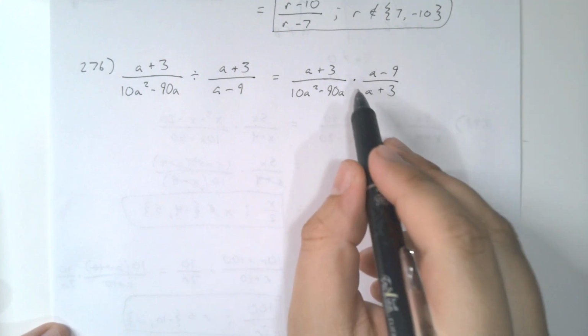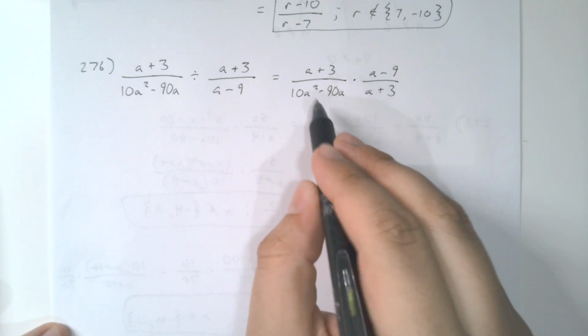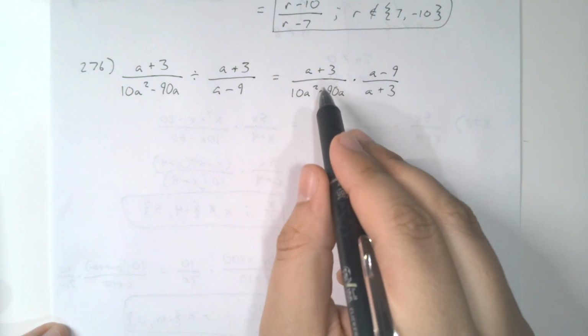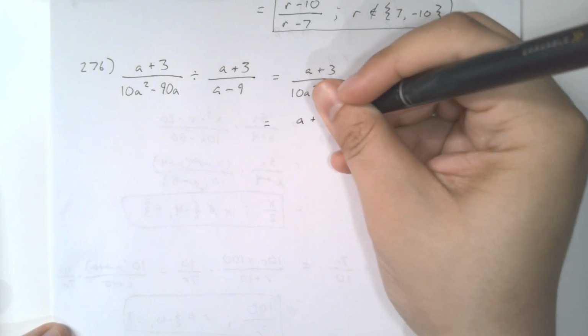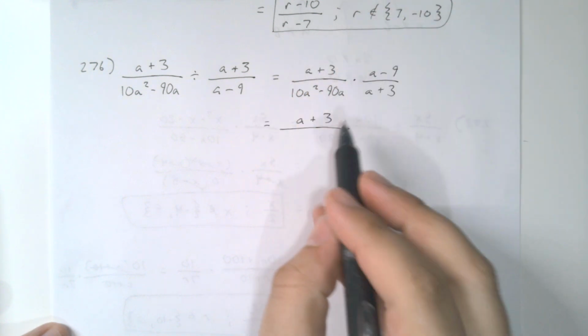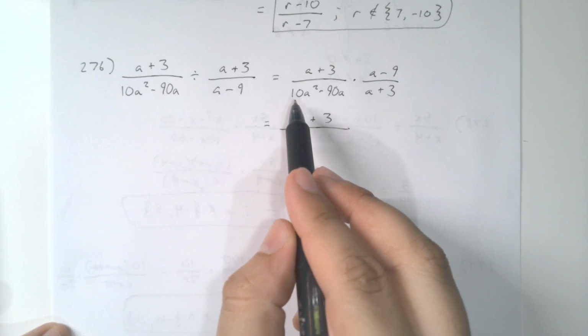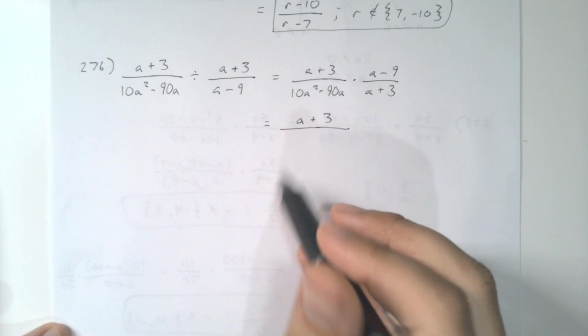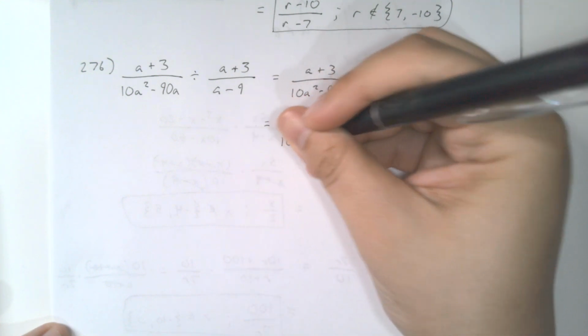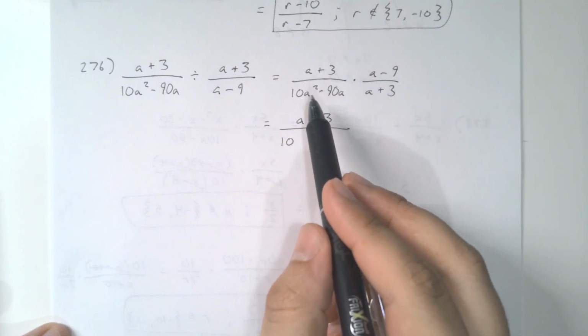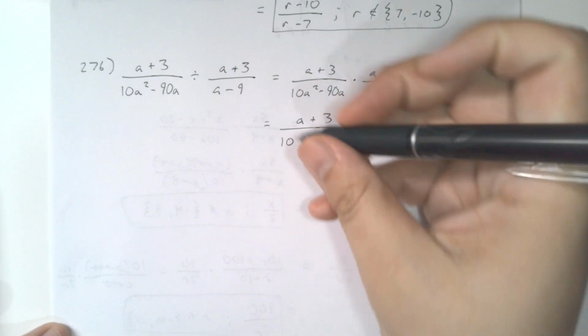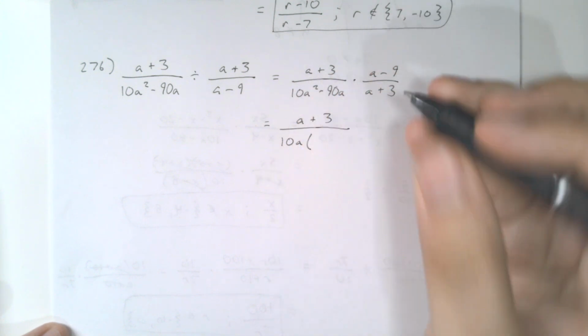So first, let's factor the 10a squared minus 90a. So we have the a plus 3. And now, the greatest common factor between 10 and 90 is 10. And the greatest common factor between a squared and a is a.